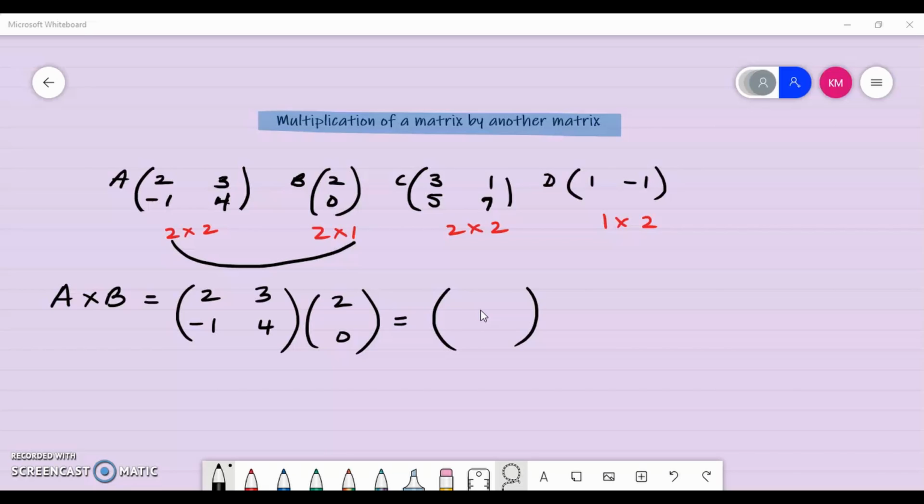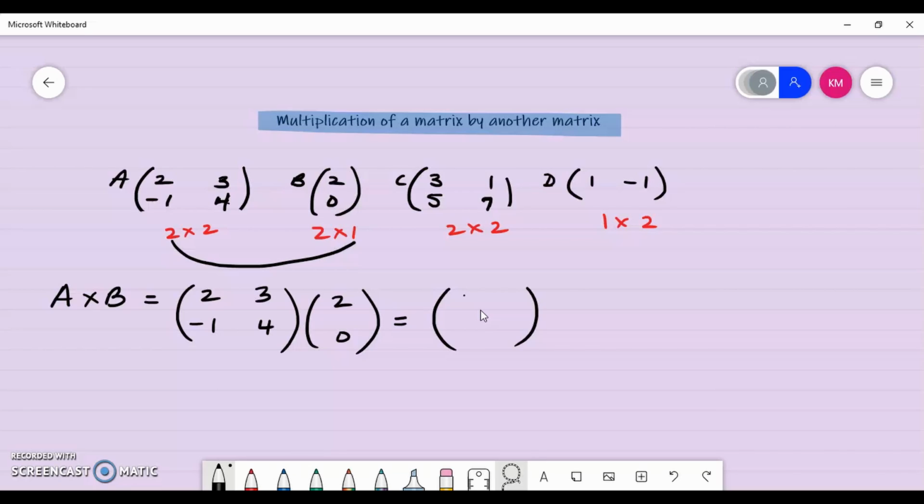Now, as I mentioned, in order to multiply matrices, it involves a row by column technique. So we are actually taking rows from our first matrix and multiplying them by columns of our second matrix.